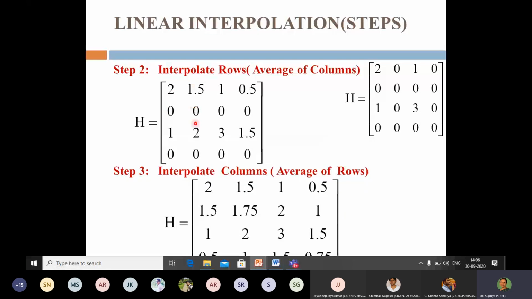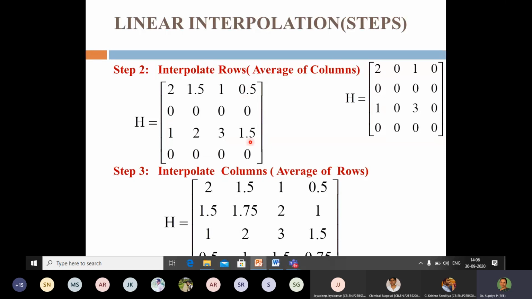Second column is going to be the average of the first column and the third column, where we can observe that the third column is also a part of the original column because the original image was 2, 1, 1 and 3. So what happens for the second column is it is an average of 2 and 1. So it is 1.5. Here it is 0. So it is 0. Here it is 1 plus 3 by 2, which is 4 by 2, which is again 2. And here again it is 0.